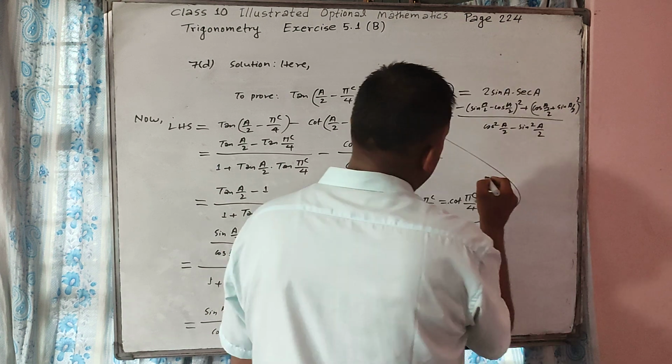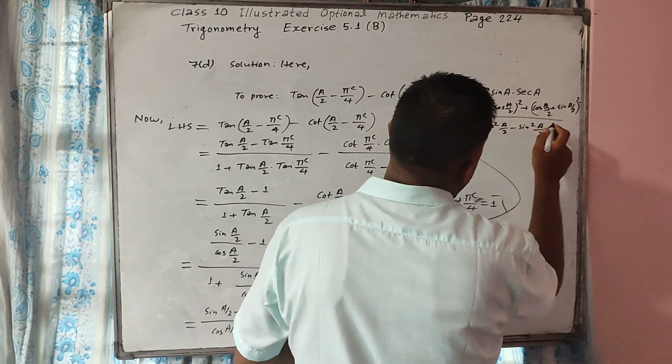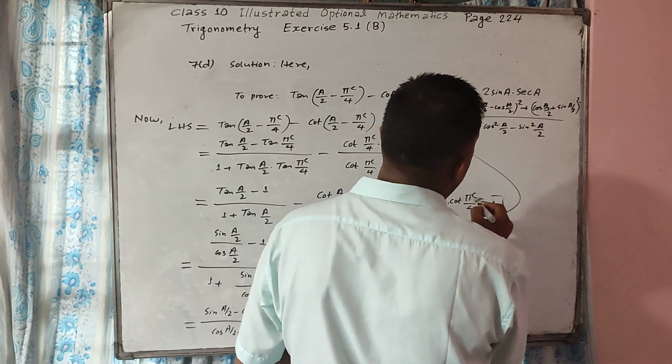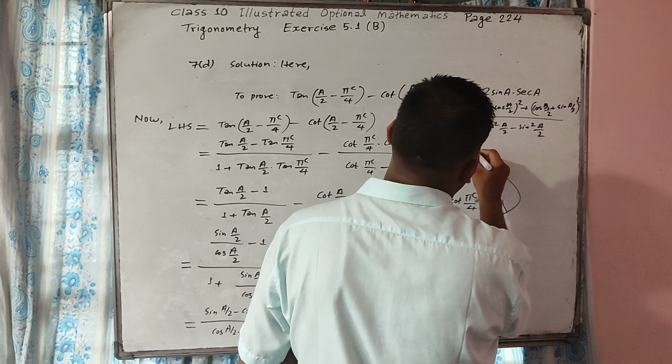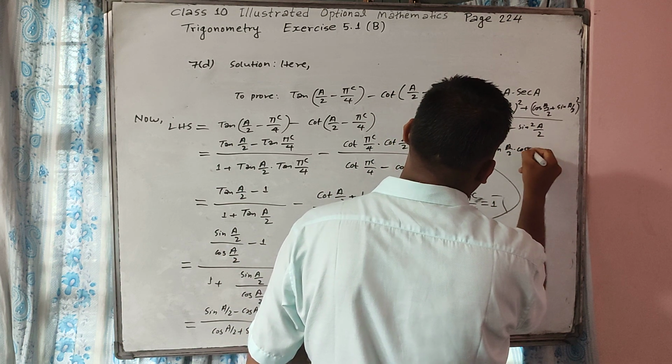Now it becomes sin square a by 2, cos square a by 2 cancel out, remaining minus half plus 2 sin a by 2 cos a by 2.